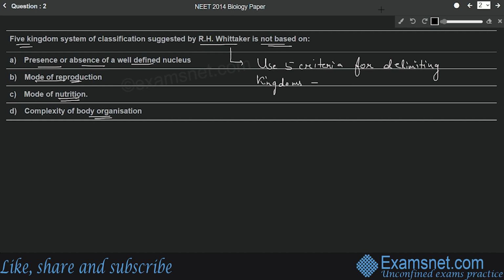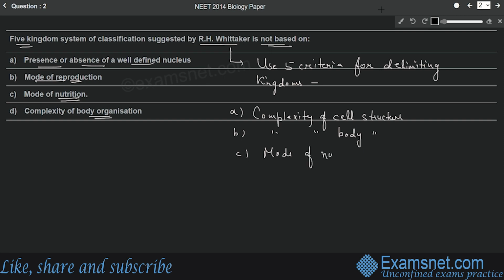Now let's see what are the 5 criteria. The first one is complexity of cell structure. Then second is complexity of body structure. Third is mode of nutrition.